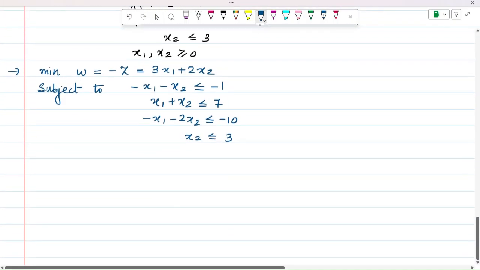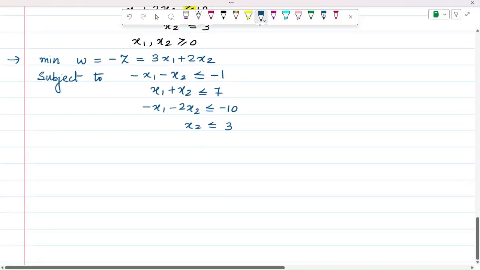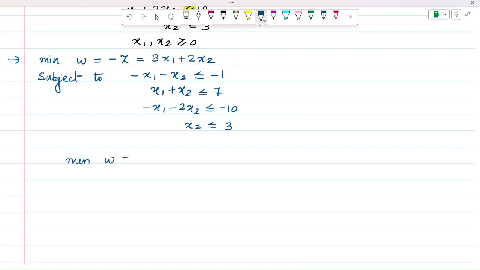We will now introduce the slack variables because everything is as per the requirement. So to introduce the slack variables, we'll have minimize w is equal to, we'll not write negative z here, okay? Subject to, and understand there are like 1, 2, 3, and 4 constraints.